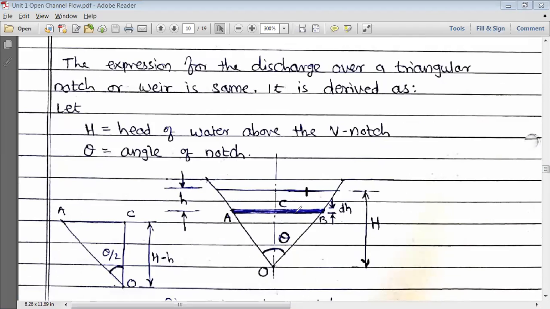Now, if I take half of the triangle, this portion, I can draw it like this. Okay, here you can see the angle theta is divided by 2, that is theta by 2. And here, tell me what is tan theta by 2?